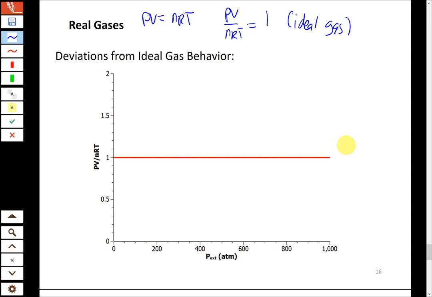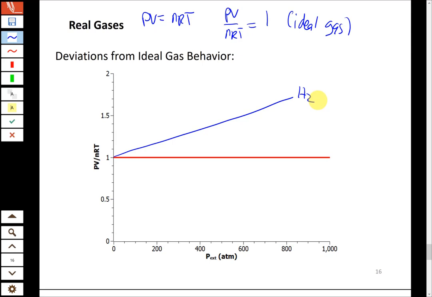So for some gases we have positive deviation. For a really small gas like hydrogen, we're going to get a gradual positive deviation from this line. That would be something like what hydrogen looks like.